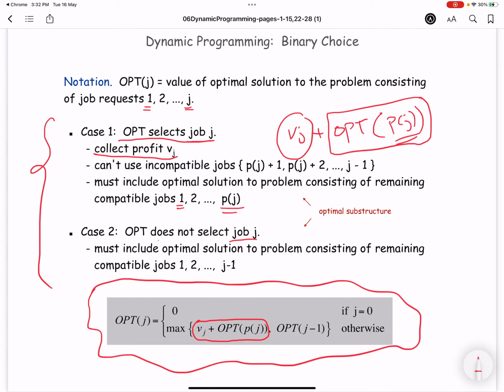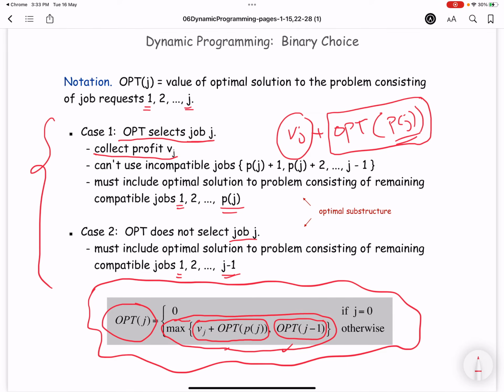What is the second case? The second case, if opt does not select job J, in this case, I will not add the value of this job. I will just look at the previous jobs, which are the jobs from 1 to J minus 1. So I only look at opt of J minus 1, which is the optimal value from the jobs from 1 to J minus 1. So I will look at which one is maximum, and I will consider it as optJ.